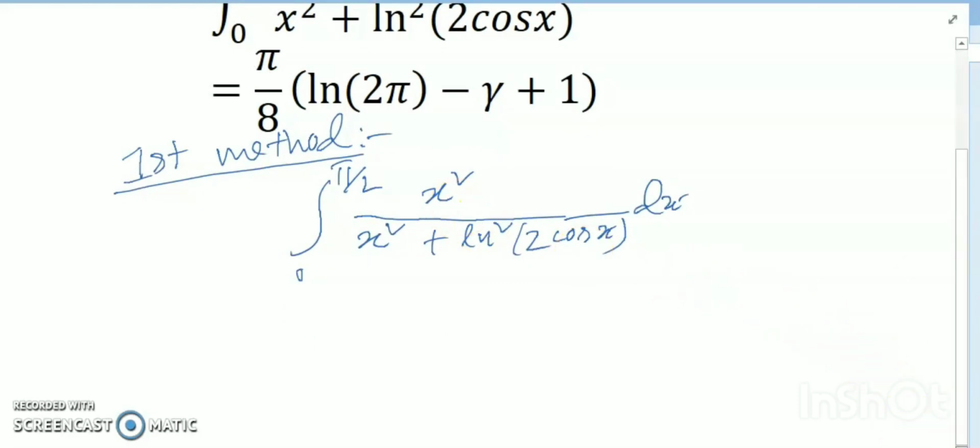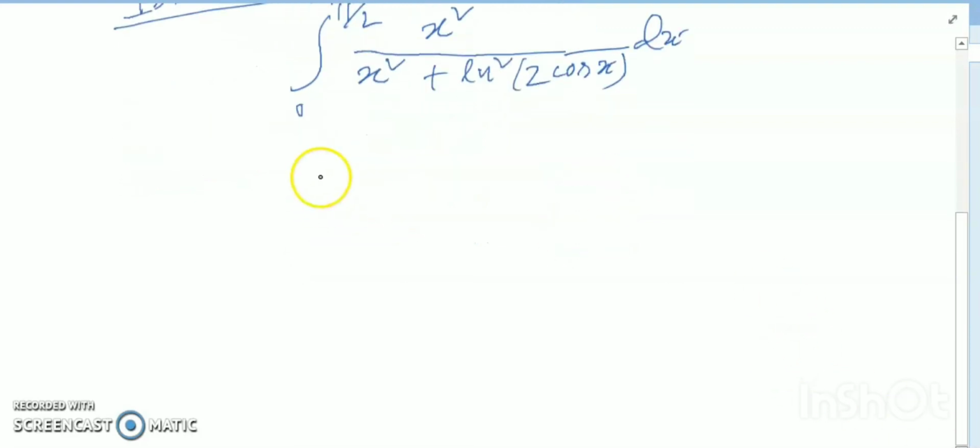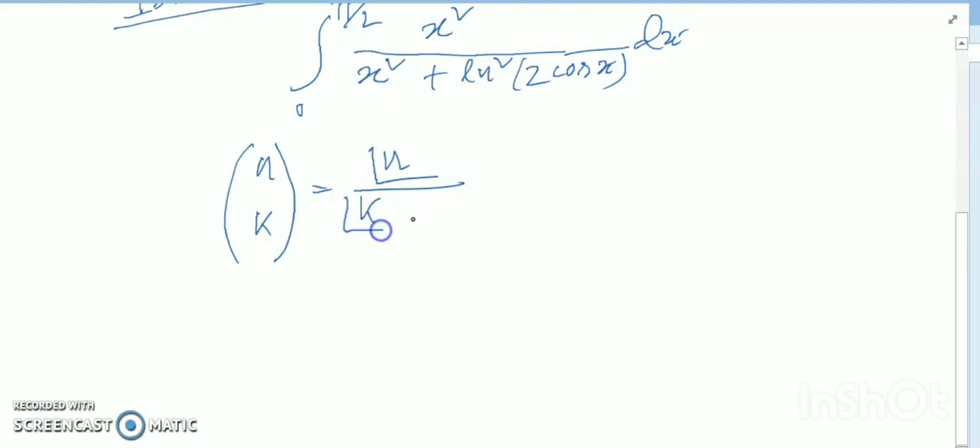So friends, you must remember this formula: n choose k, which means combination form, is n factorial divided by k factorial and n minus k factorial.